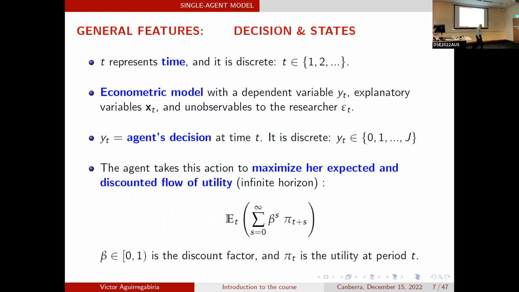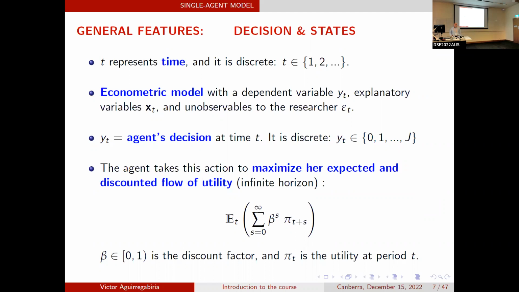Very similar notation as we have seen so far, perhaps a little bit different in some aspects, some Greek letters. Time is discrete and indexed by t. As John explained in the first lecture of this course, basically what we have is an econometric model where there is a dependent variable y, some explanatory variables that we observe as researchers, x in the vector x, and some unobservable variables for the researcher, epsilon, that are observable to the decision maker. Okay.